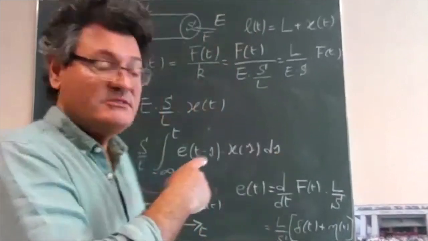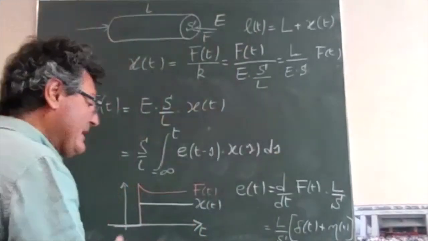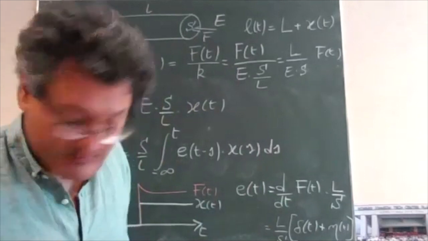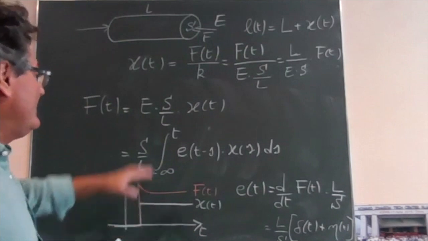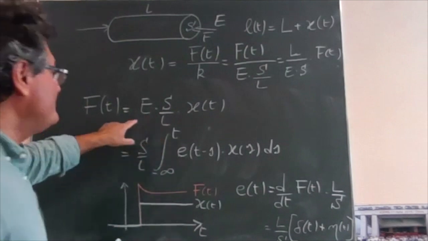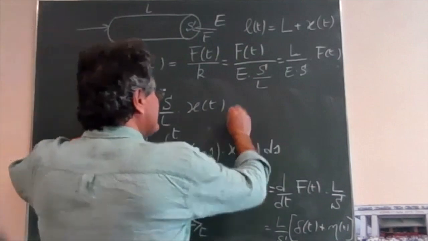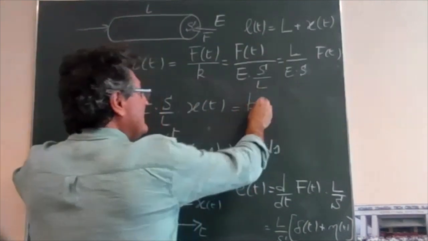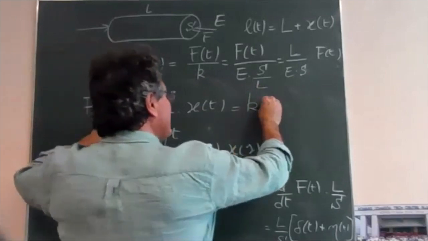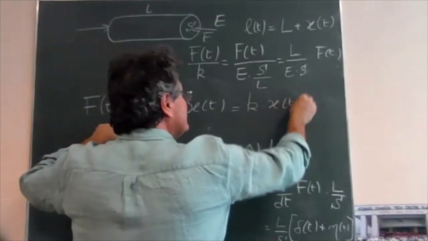Okay? So let's restart from this general expression. I want to remark this fact that this can be written as K, like a spring constant, times x of t.